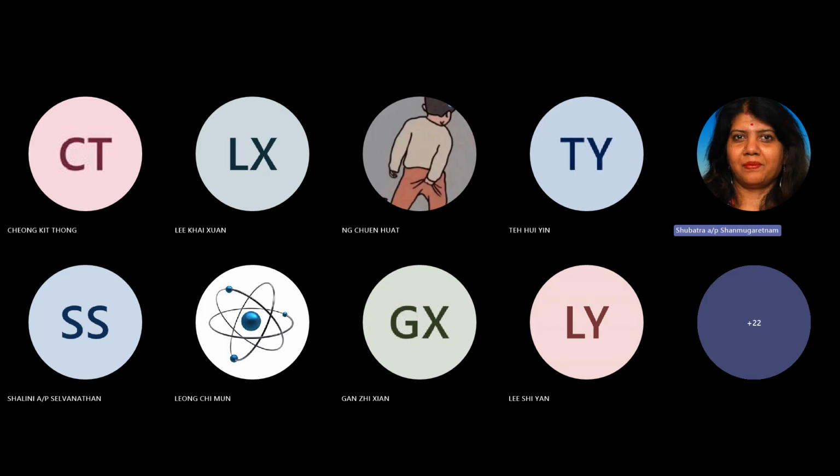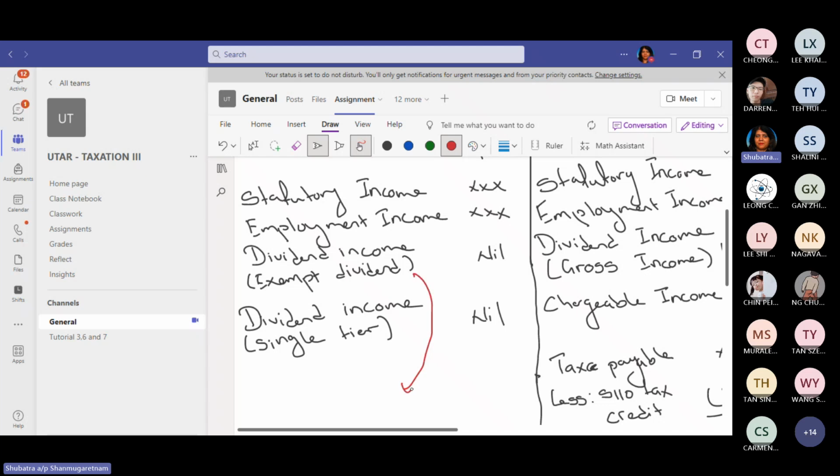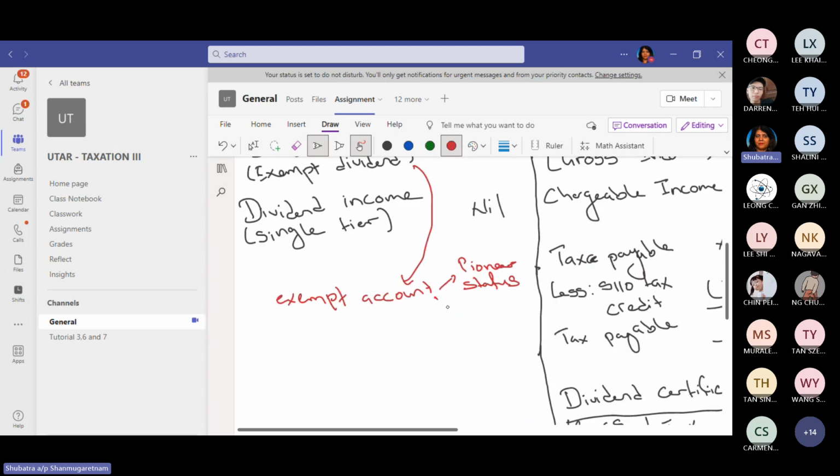This exempt income is usually from an exempt account. You will get exempt income dividend when you have an exempt account. For example, distribution from pioneer status, distribution from investment tax allowances, or shipping.